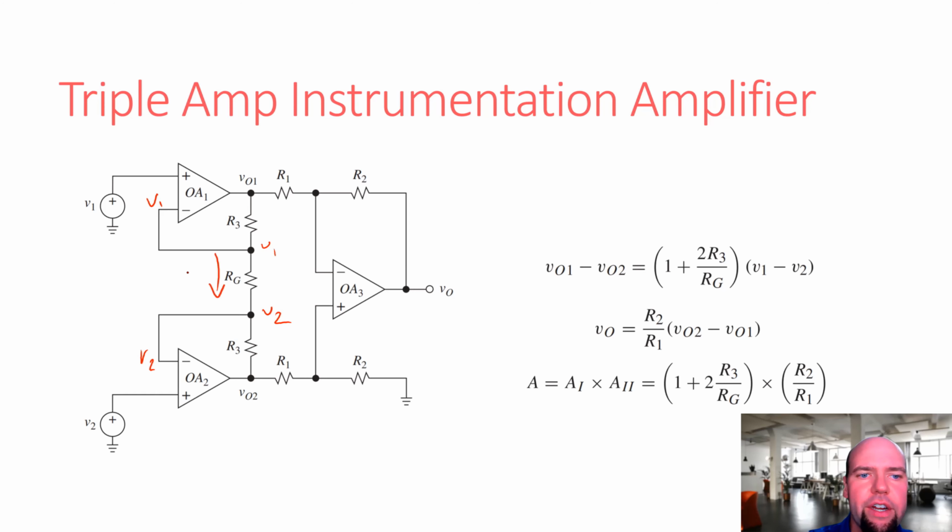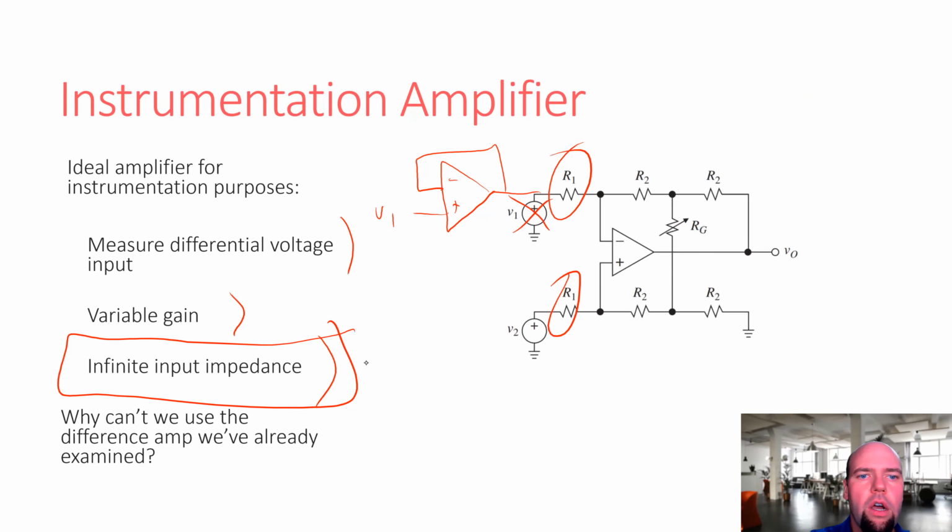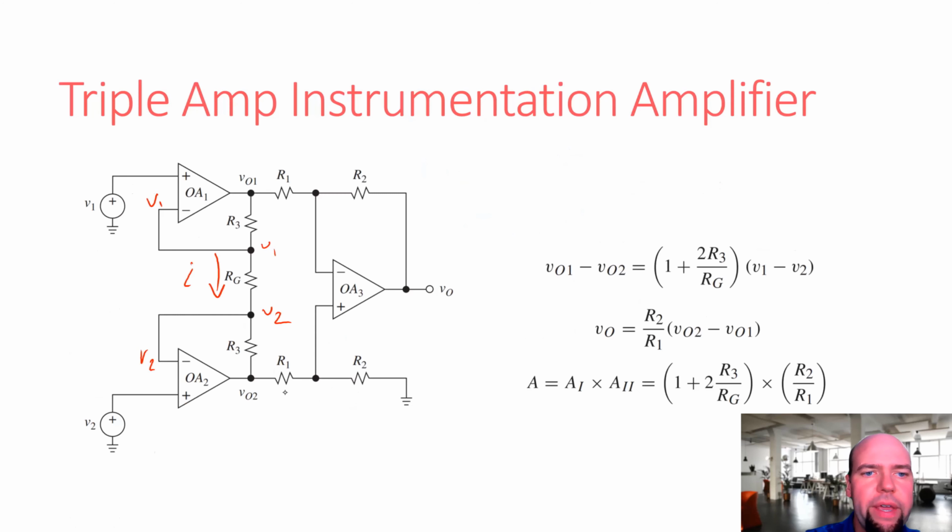So we have some current here. We'll call it IG. And we know IG is equal to V1 minus V2, divided by RG.